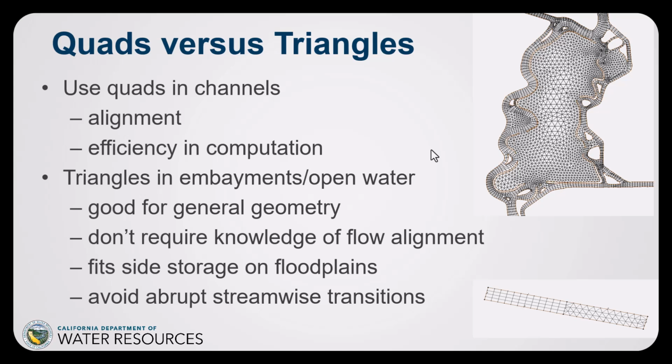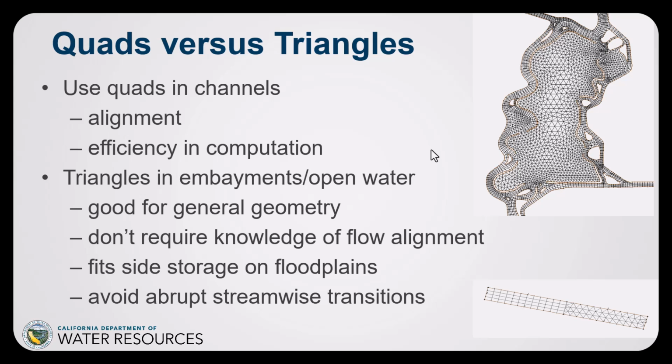We tend to use triangles in embayments, open water, side storage areas, places where its advantage is that it can conform to a general geometry really well. It's fine to use triangles in areas where we don't have a good concept of flow alignment, but again, it's a little bit less efficient.